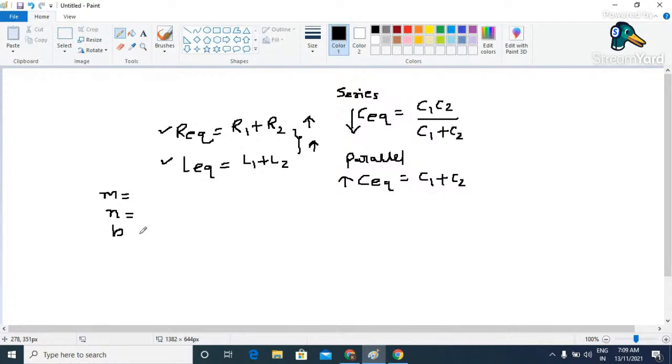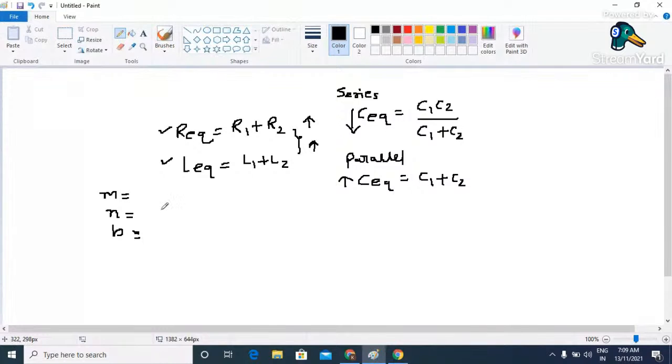And what is a branch? A branch is simply an element available in a circuit. To identify how many branches there are in a circuit, we need to count how many elements there are. It may be a combination of active and passive elements; we just need to count the number of elements. So the number of elements is the number of branches in a given circuit.